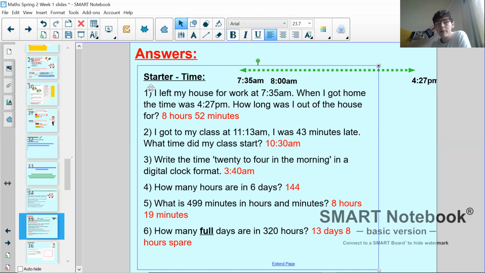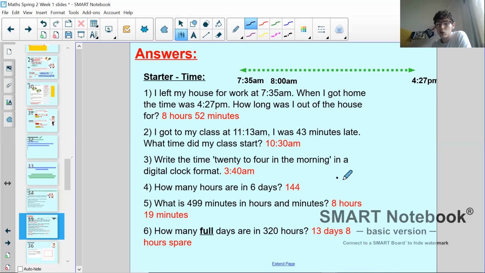Number 4, how many hours are in 6 days? We know that there are 24 hours in a day, and all we'd be doing is multiplying that by 6, which gives us the answer of 144 hours. Number 5, what is 499 minutes in hours and minutes? Our answer is 8 hours and 19 minutes.